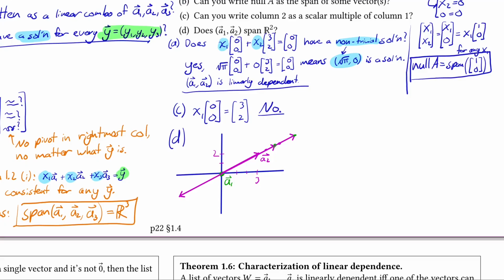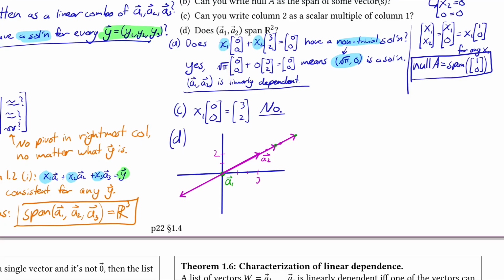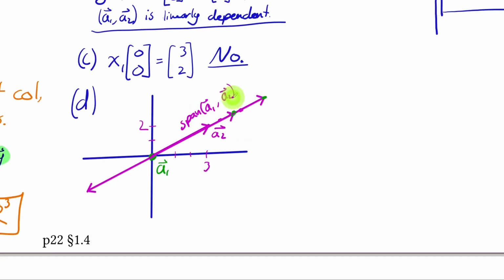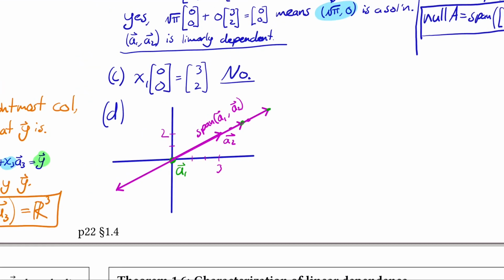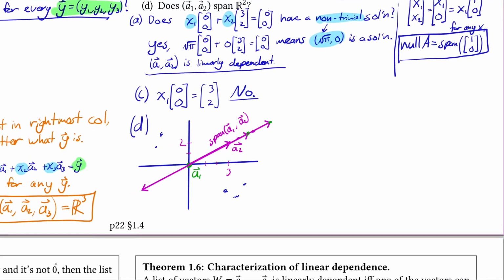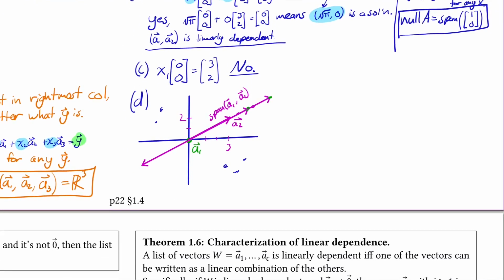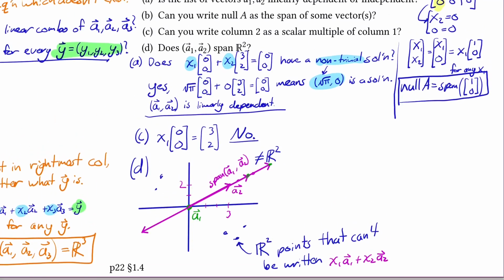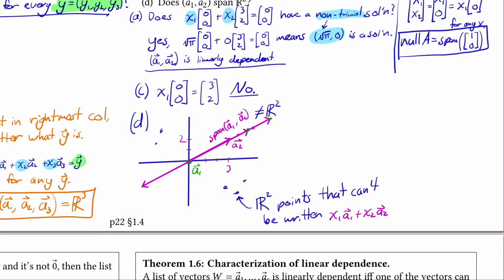But that gives you the span of A1, A2. It's just that line, and it's not all of R2. R2 includes points out here, and out here that cannot be written as a linear combination of A1 and A2. So the answer to the question is no, it does not span R2.